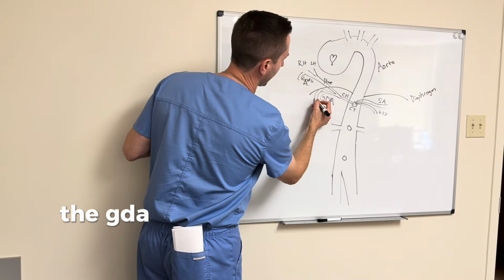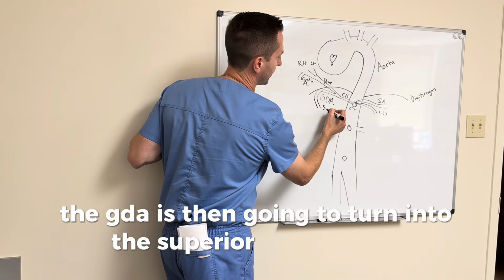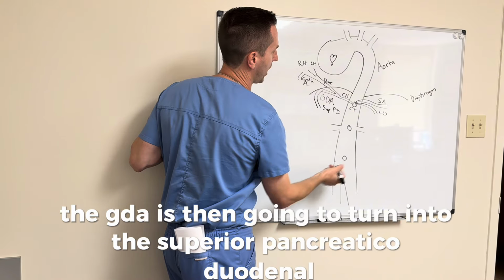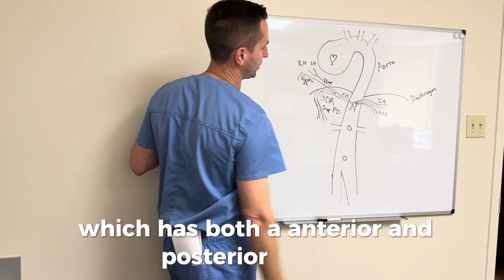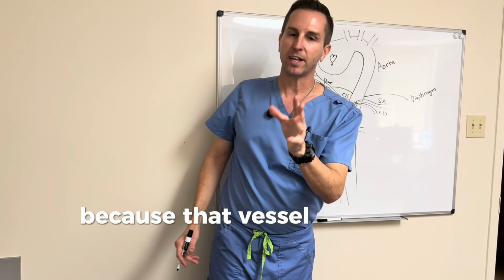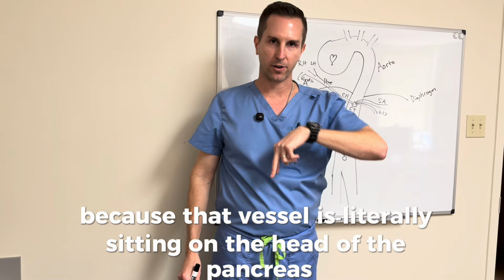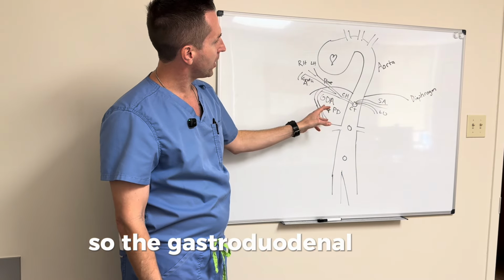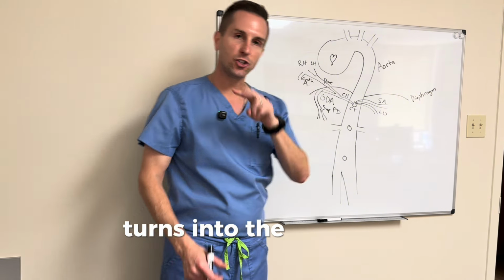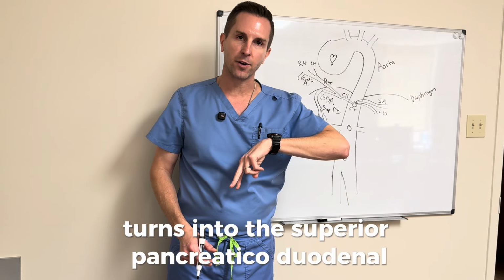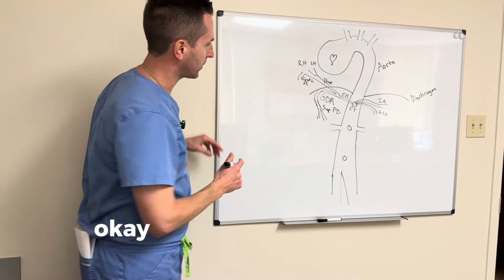So the GDA is then going to turn into the superior pancreatico-duodenal, which has both an anterior and posterior branch, because that vessel is literally sitting on the head of the pancreas. So the gastroduodenal artery, which was a branch from the common hepatic, turns into the superior pancreatico-duodenal, which has an anterior and a posterior branch, okay?